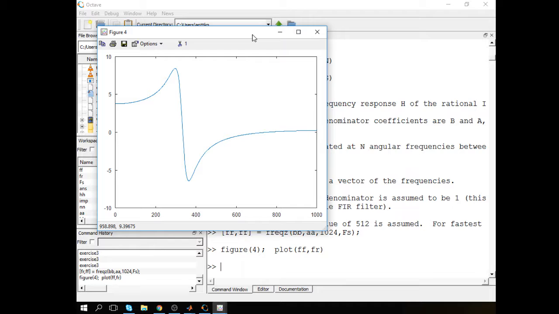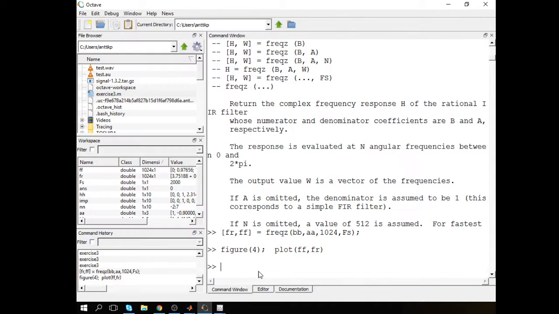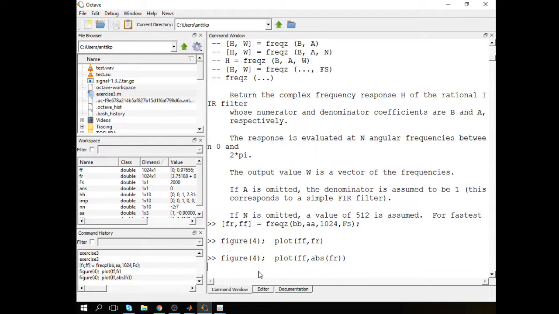Since the frequency response is a complex number, plotting it just plots the real part, unless you plot it on the Bode diagram. But basically, this would be almost okay. Not totally okay though.